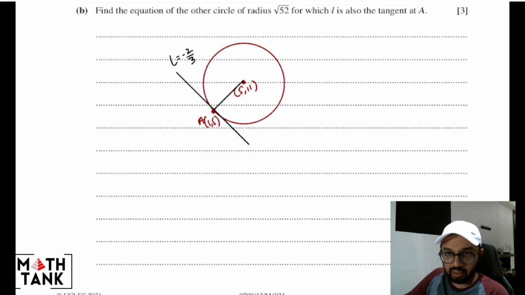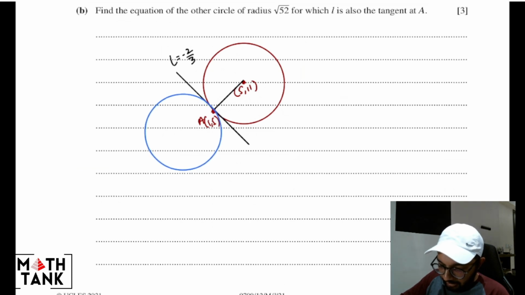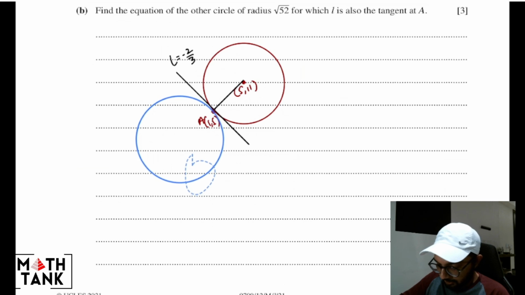So it has the same radius, for which L is also the tangent at A. So there is another circle that also has the same tangent at the same point. So the only way that could be possible is if the circle was here. There's no other way that this was possible.